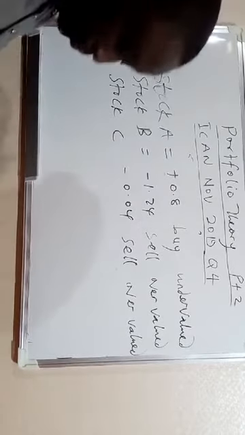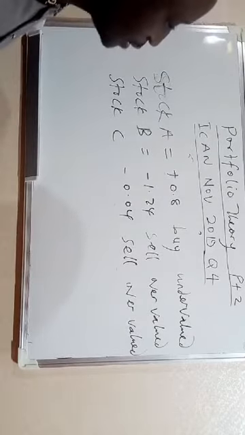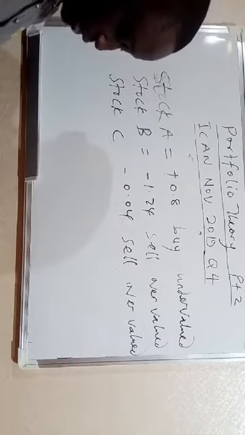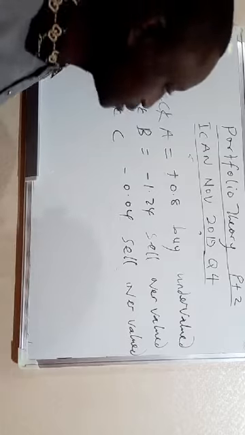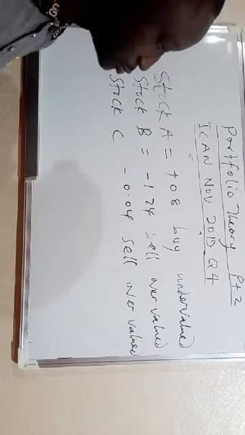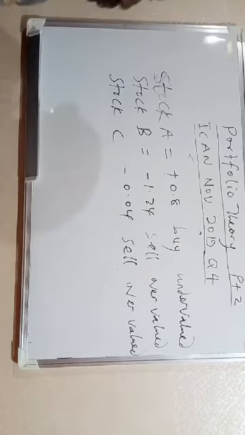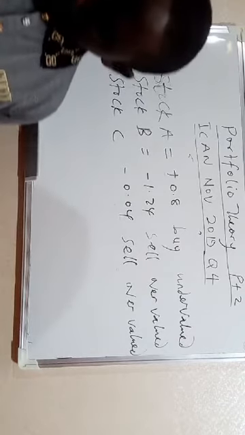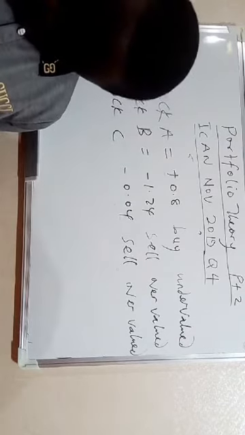So we can say that if any of them were equal to 0, the required rate equal to expected, then it falls on the capital market line. So this is how you go about it.